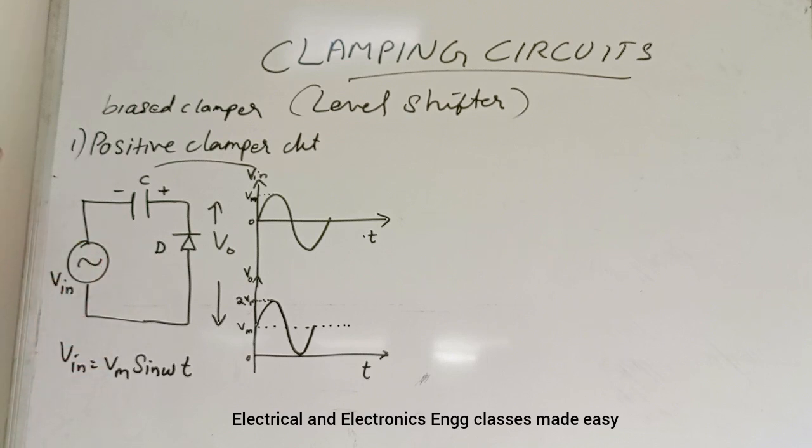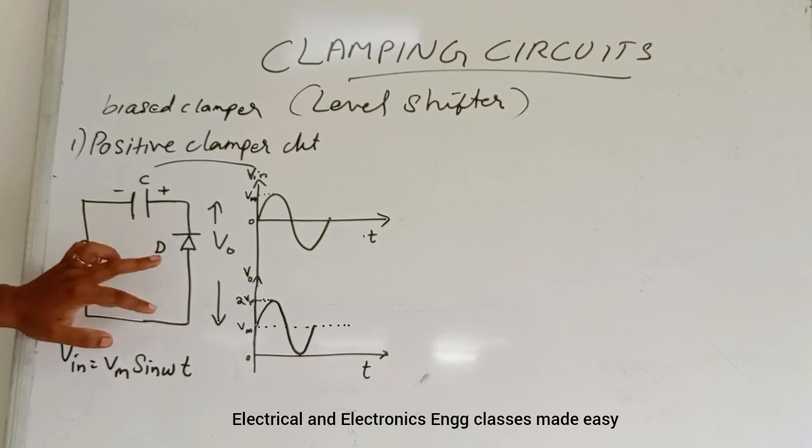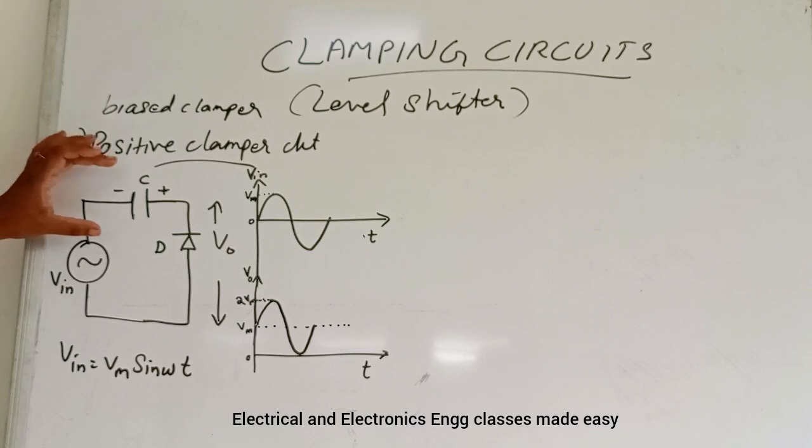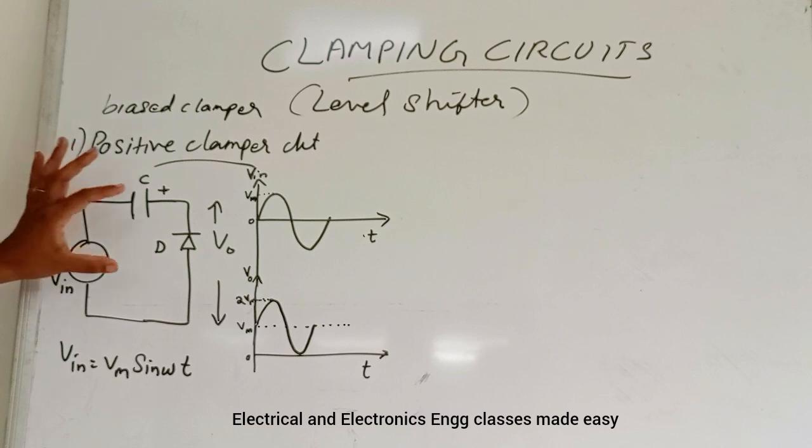Then during the positive half cycle of the input wave, the capacitor cannot discharge because the diode is reverse biased and hence does not conduct. Thus, the capacitor acts as a DC source with a voltage of Vm volt, connected in series with the input source. Then what will be the output voltage?